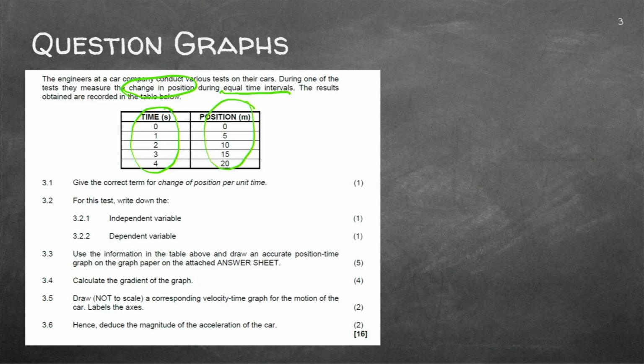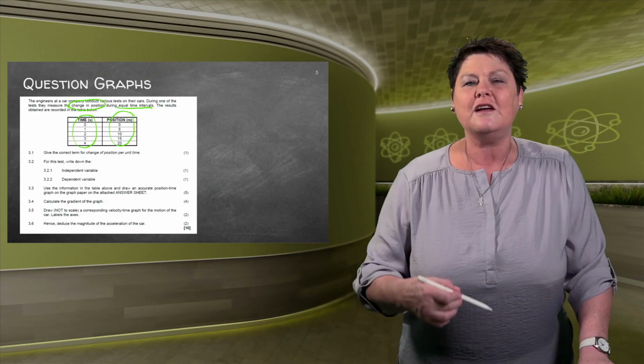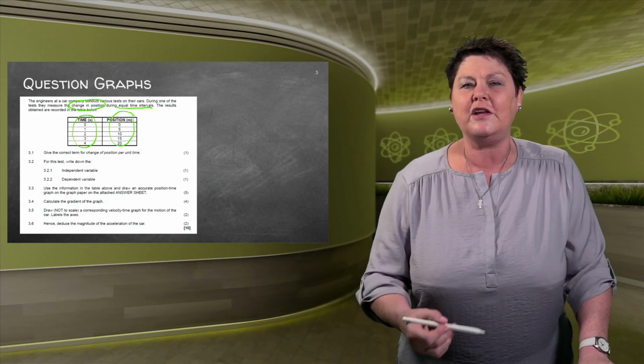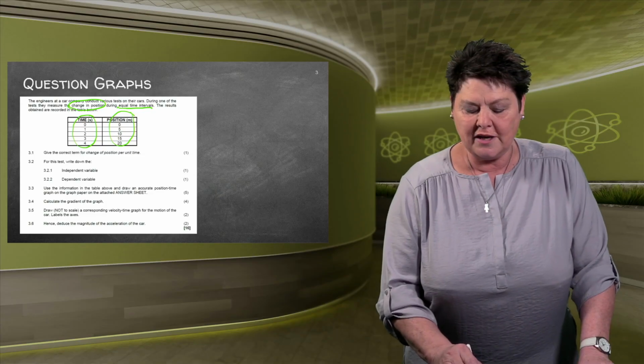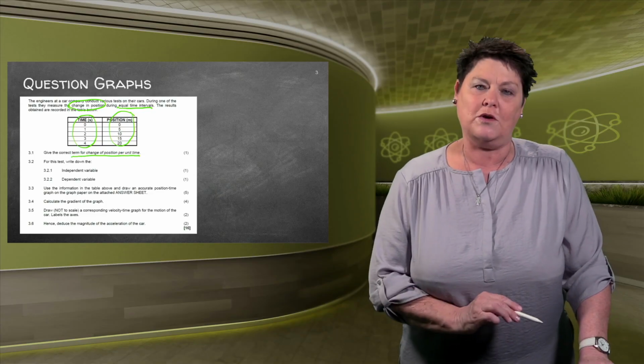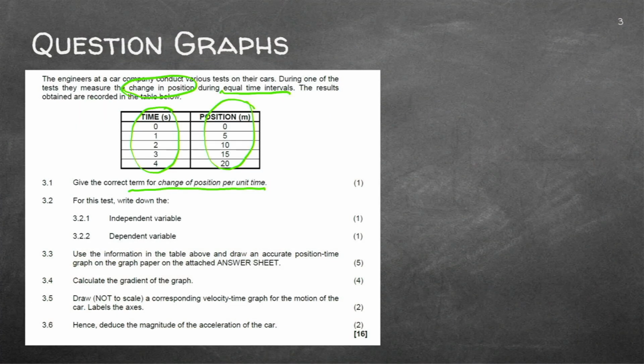Let's quickly have a look at the questions they're posing. Firstly, there will be a theory question, and in each question in physics as well as chemistry, the first question will be a theory question. Give the correct term and then they ask the question. Secondly, in terms of the columns that you have above, give the independent and dependent variable.